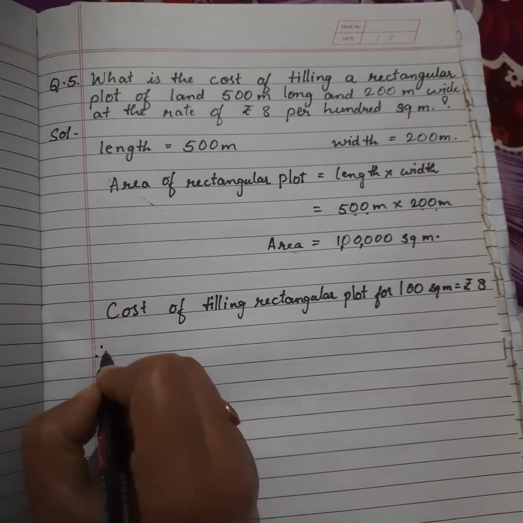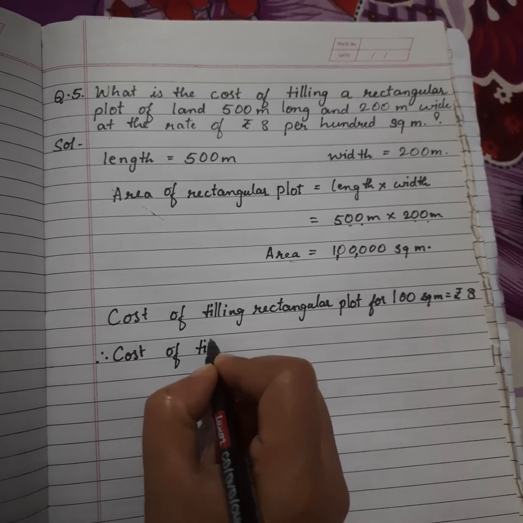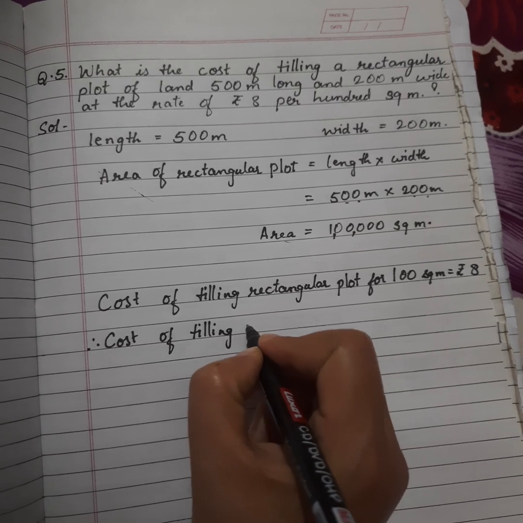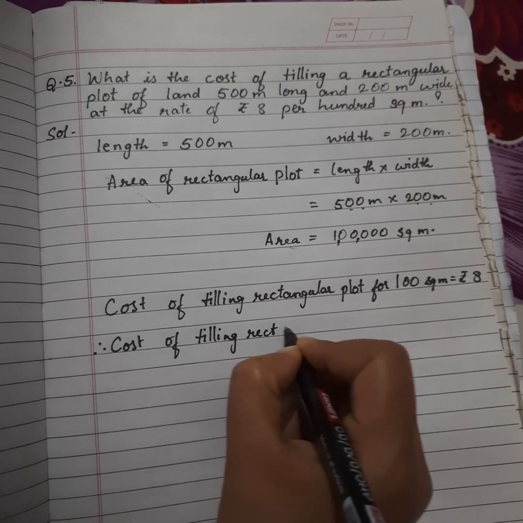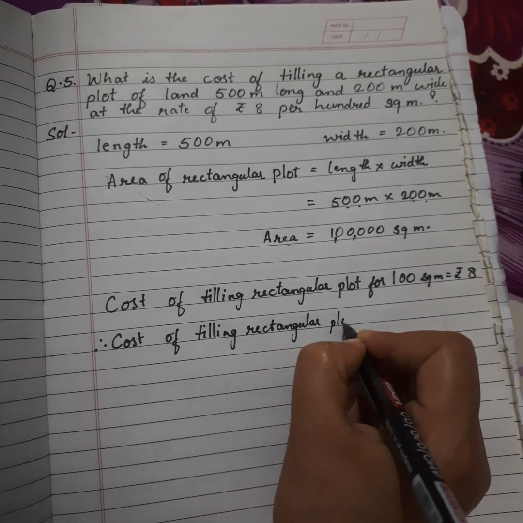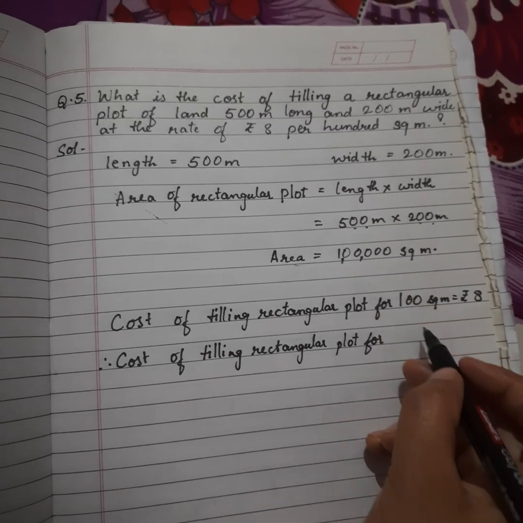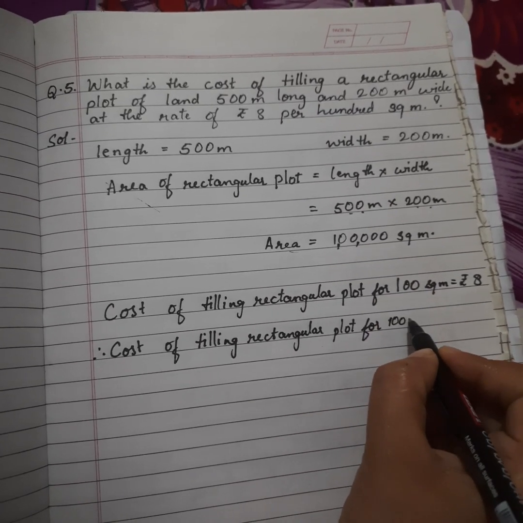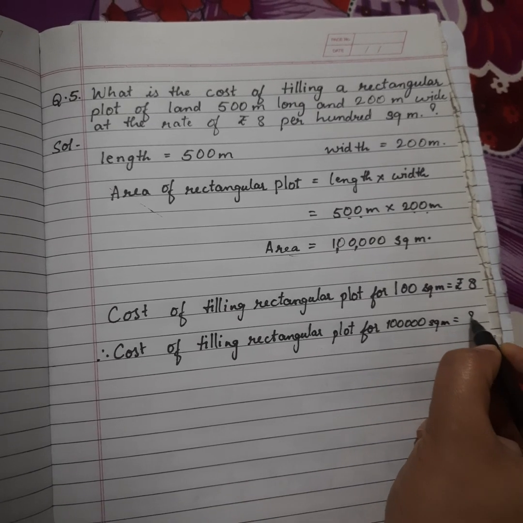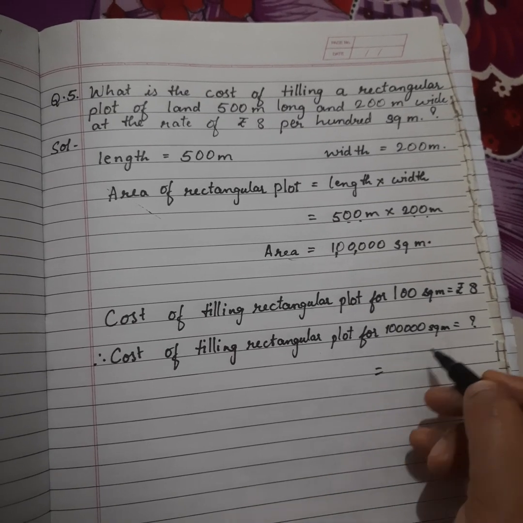So cost of tilling rectangular plot for how much? 1 lakh square meter equals to how many rupees? Isn't it? So we have to cross multiply.